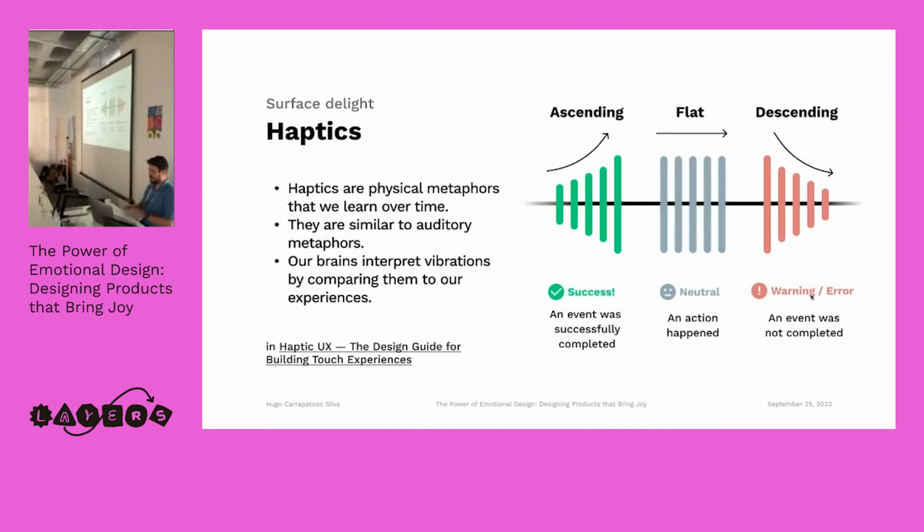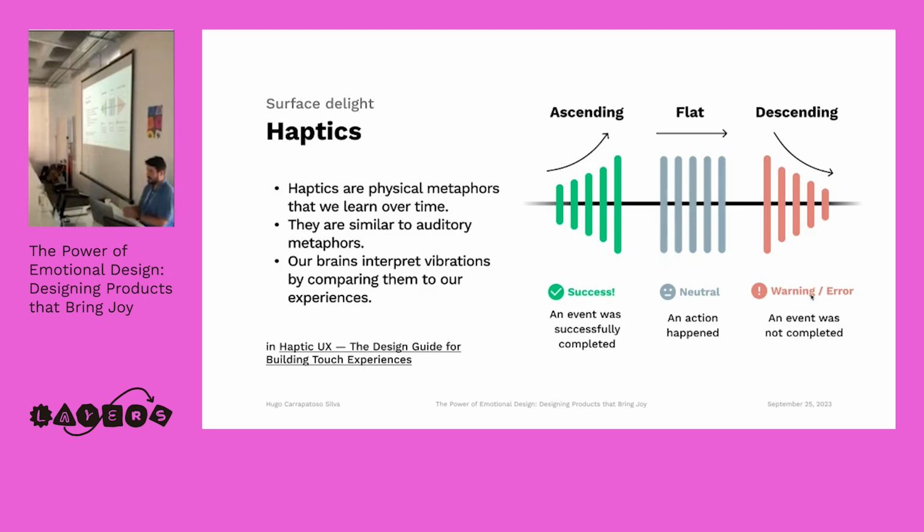Haptics. This is more for mobile and smartphones and smartwatches, but is also a good way to give some feedback to the users. So haptics are like metaphors, and depending of the vibration, you can transmit the idea of success, a neutral, or a warning error.